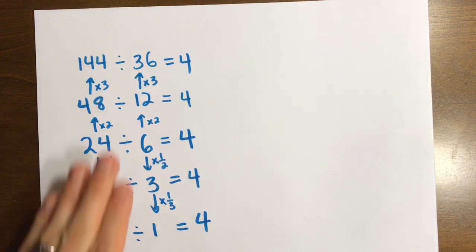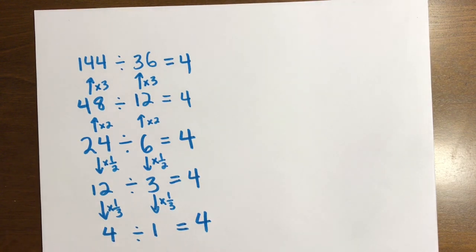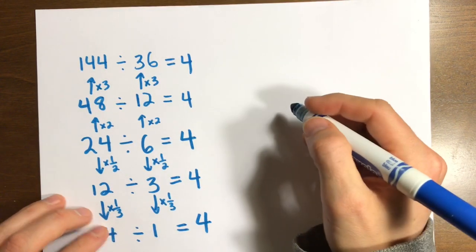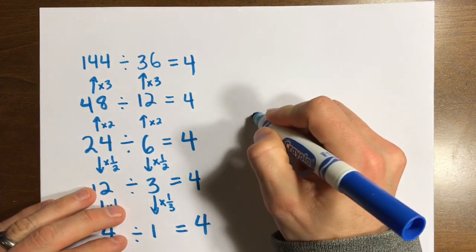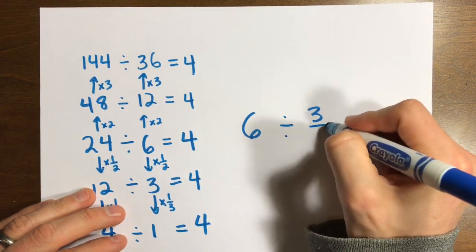So using this cool fact, we're going to show in one step how multiplying by the reciprocal can work. So let's take a new one. Let's go back to the one we started with. 6 divided by 3/4.